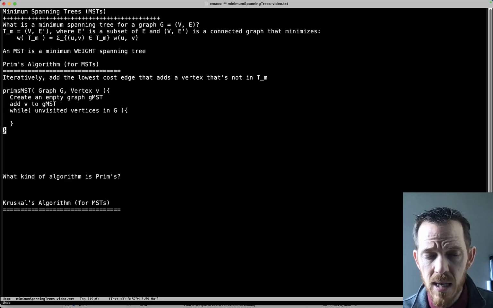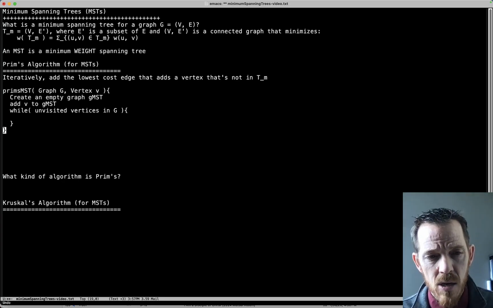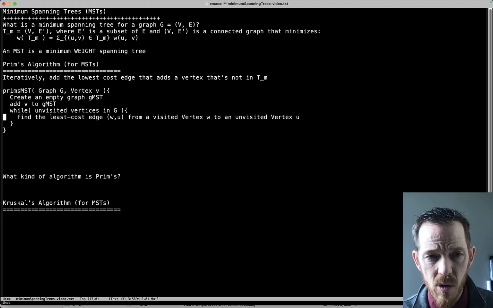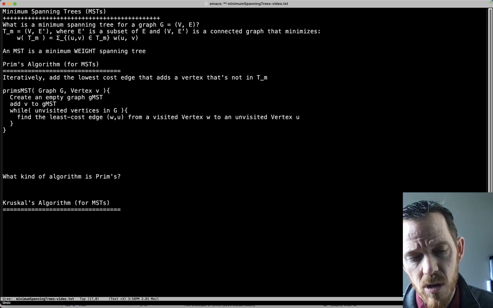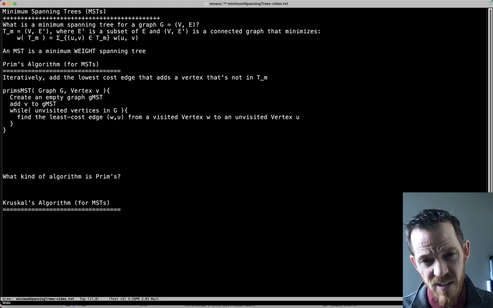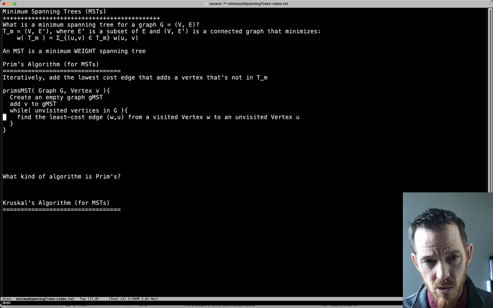And then we're going to keep going while we have unvisited vertices in G. This is assuming that we typically want to use a connected graph such that we'll include them all. So while we have unvisited vertices in G, we're going to find the lowest cost edge, WU, from a visited vertex W to an unvisited vertex U.